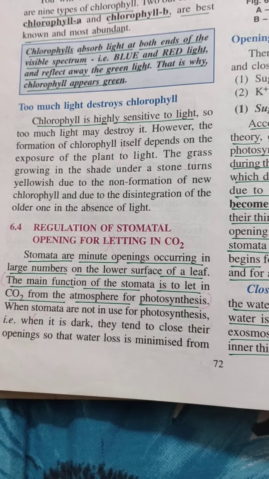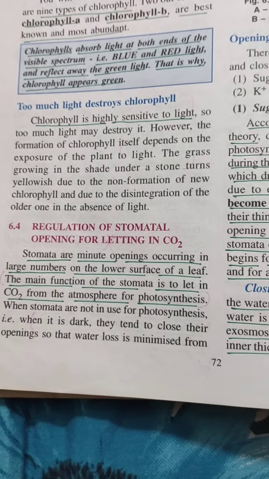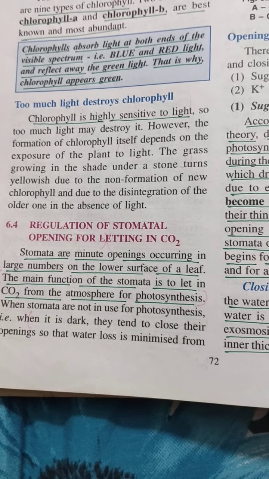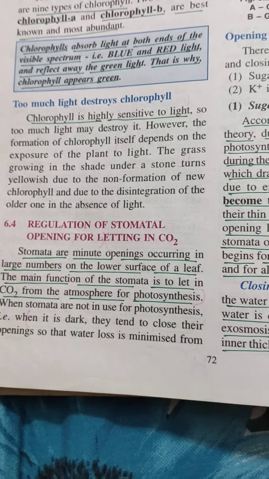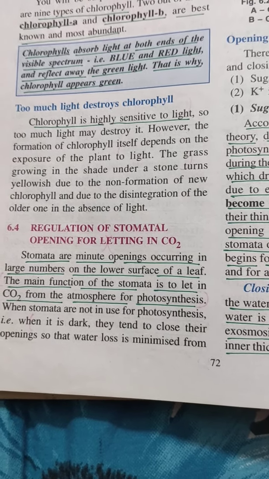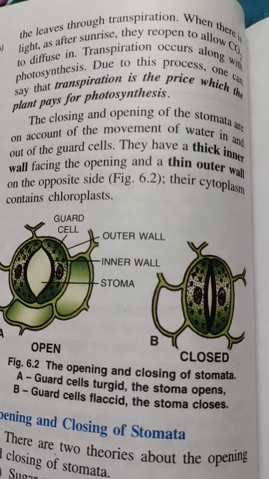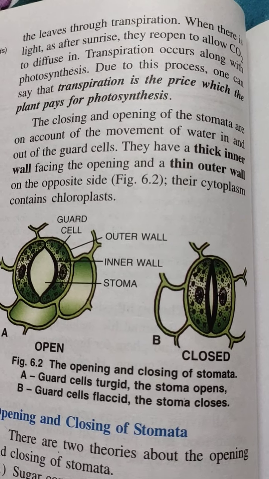When stomata are not in use for photosynthesis, that means when it is dark, they tend to close their openings so that water loss is minimized from the leaves through transpiration. When there is light, as after sunrise, they reopen to allow CO2 to diffuse in.